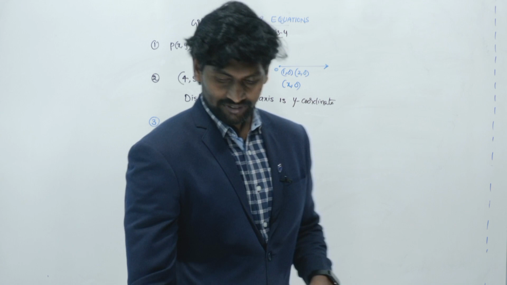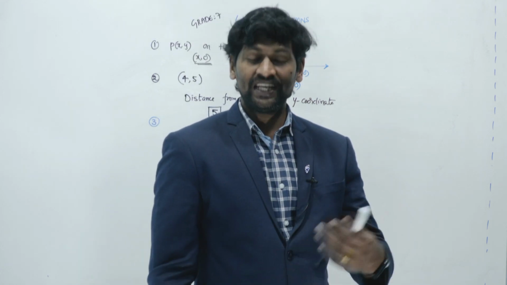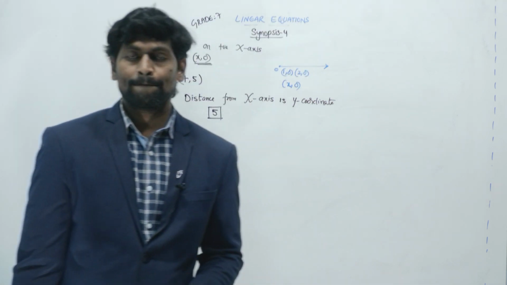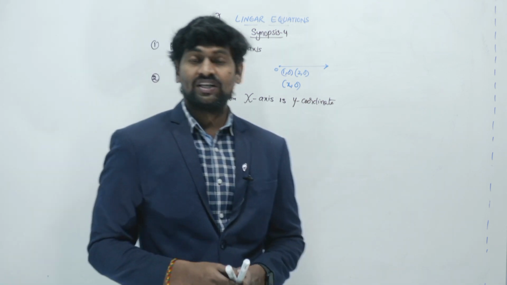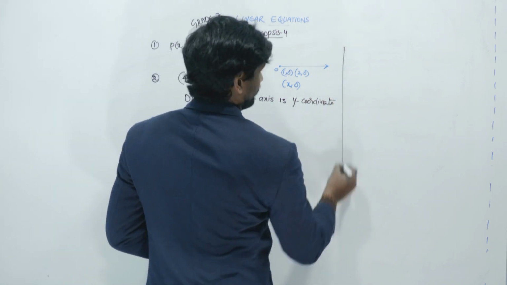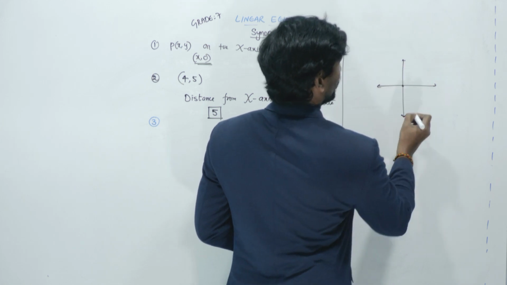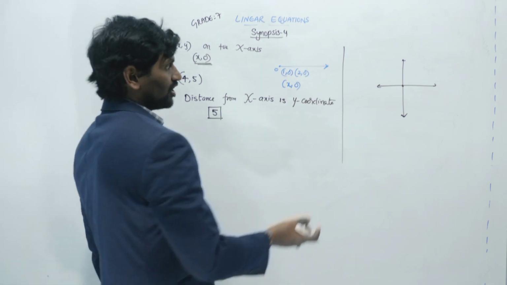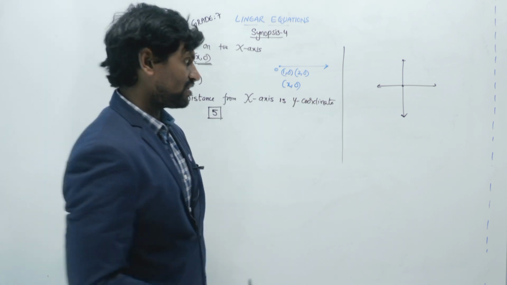The third question is given that the equation of any line perpendicular to the x-axis. Before going to this one, let us discuss some more points on coordinate geometry. Origin is nothing but the point of intersection of the x-axis and y-axis. We already discussed the points on the x-axis: (1, 0), (2, 0), (3, 0) like that.